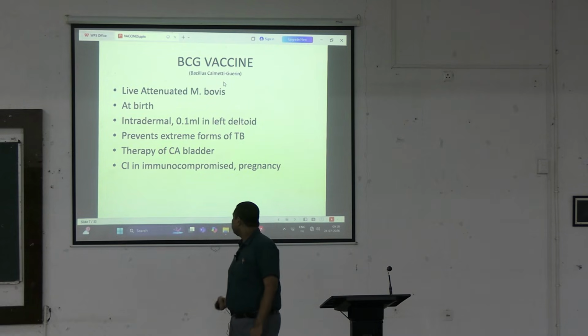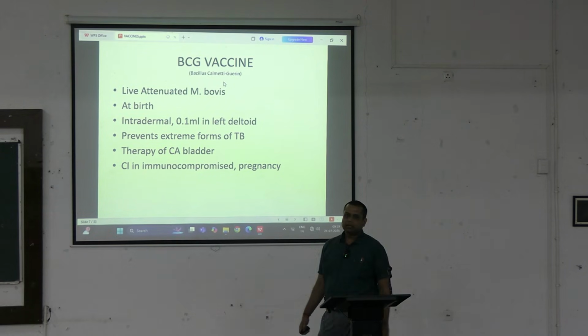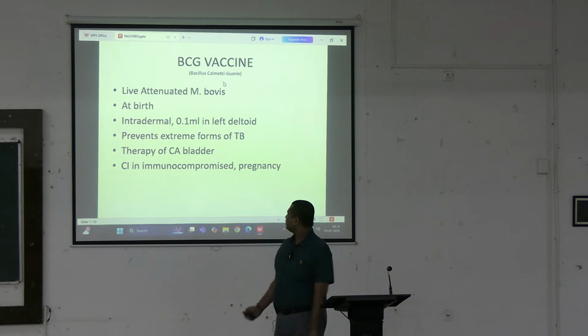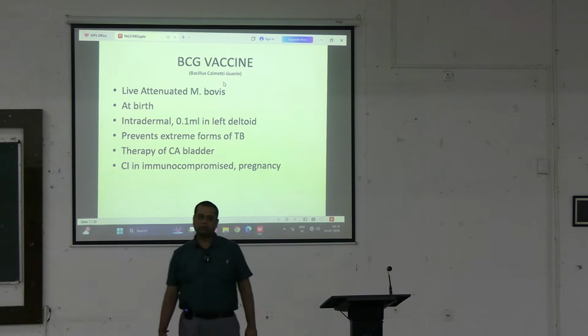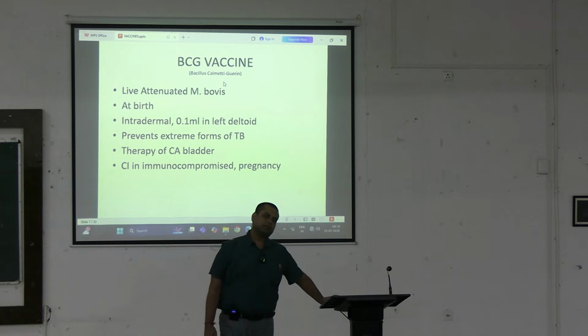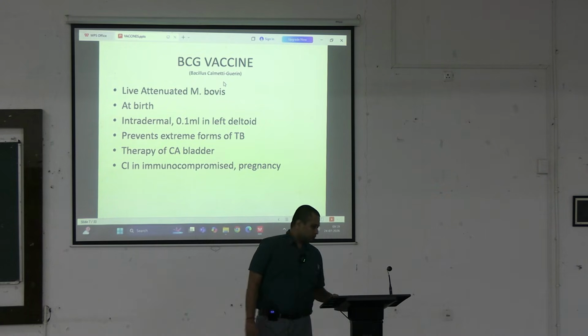It prevents extreme forms of TB, and is used as therapy for carcinoma bladder. It is contraindicated in immunocompromised patients. Why? It's a live vaccine, so it is contraindicated.